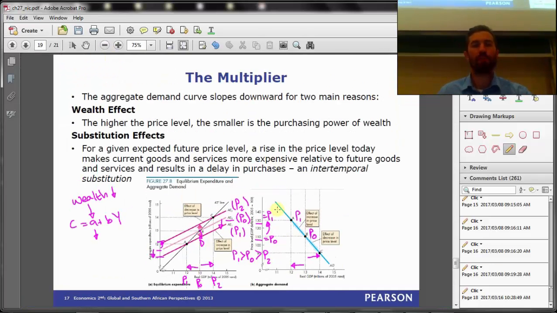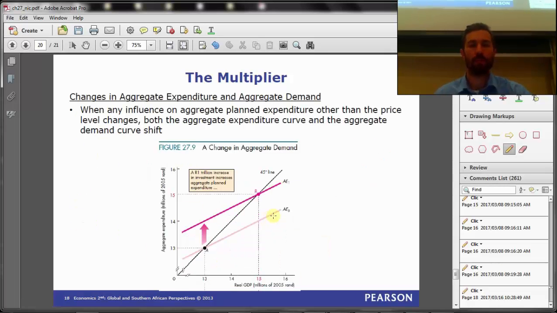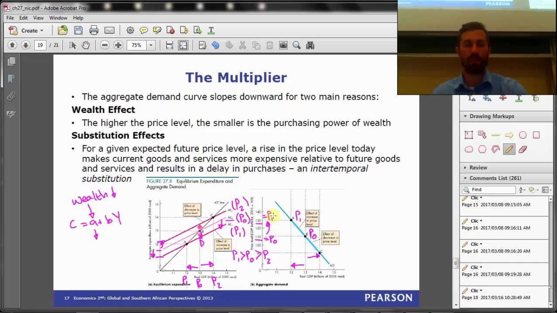So if we've derived our aggregate demand curve from our aggregate expenditure curve, the next question is, what happens if I shift my aggregate expenditure curve, but not because of a change in prices?